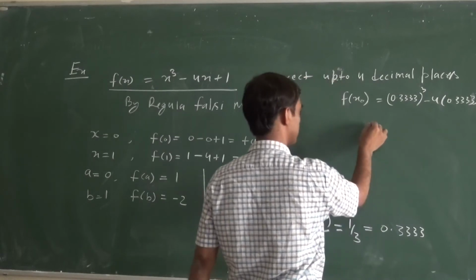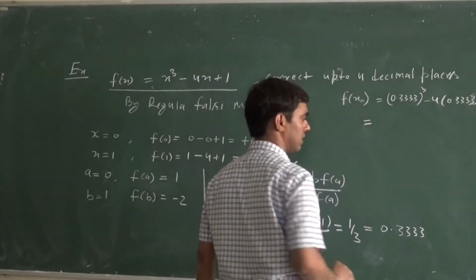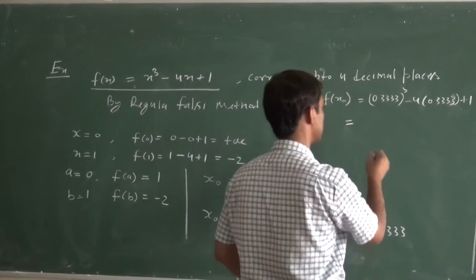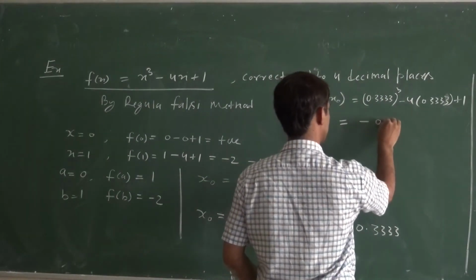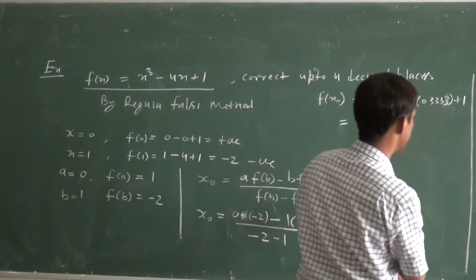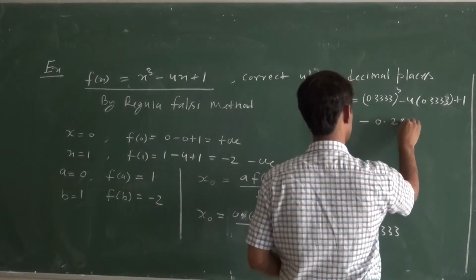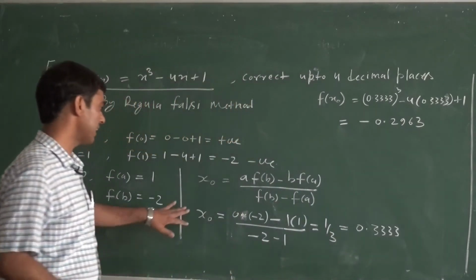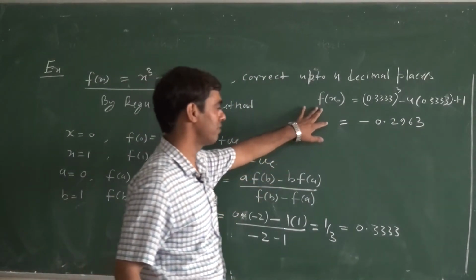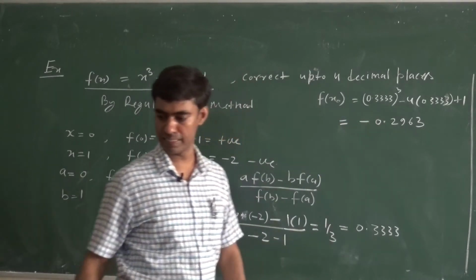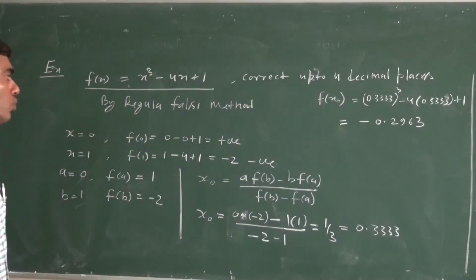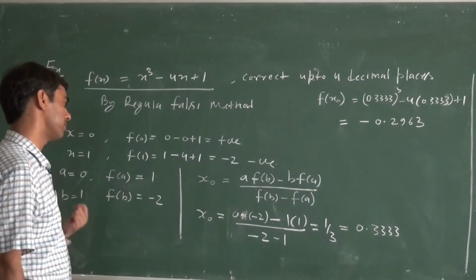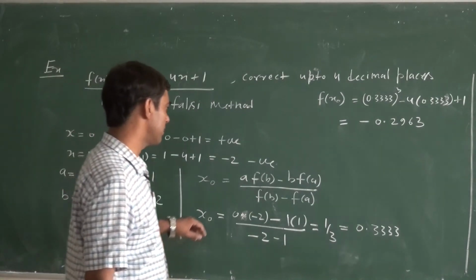We have already calculated the value of this; it is minus 0.2963. So at x0, the value of the function is minus 0.2963.